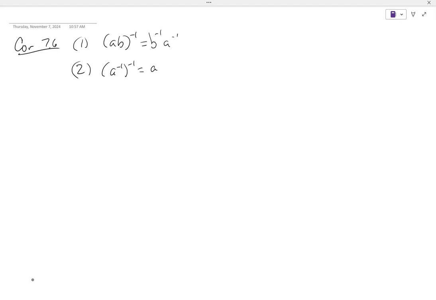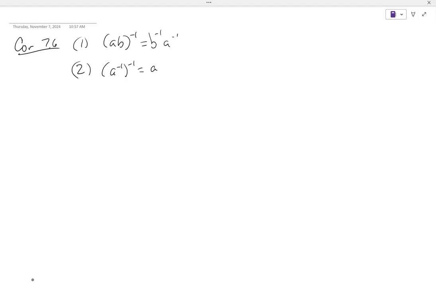And again, you've seen these proofs before because they're the exact same proofs that we did in linear algebra for matrices. But just to run through them again, the whole object of these proofs is that we're using the fact that inverses are unique. So the left-hand side of each of those equations is talking about the inverse of a particular element.